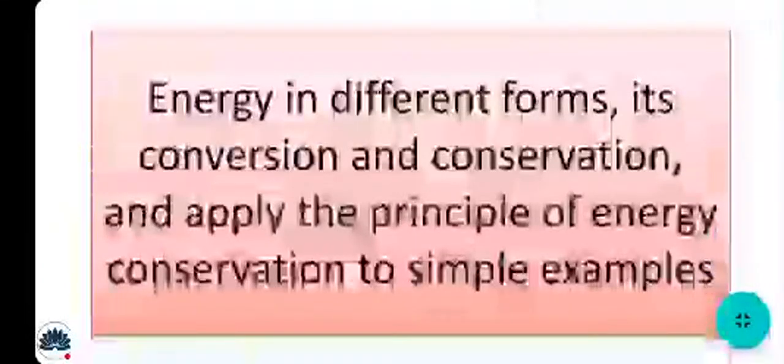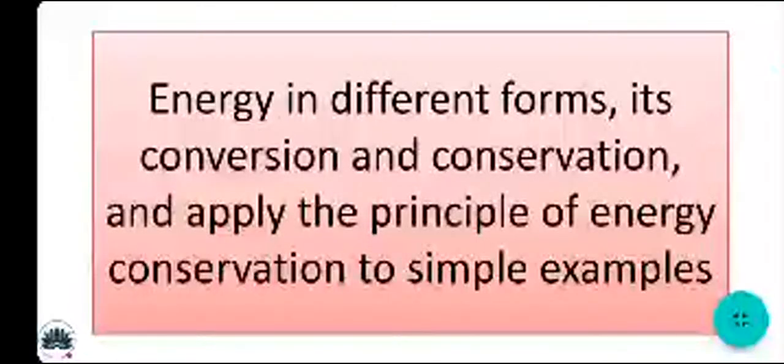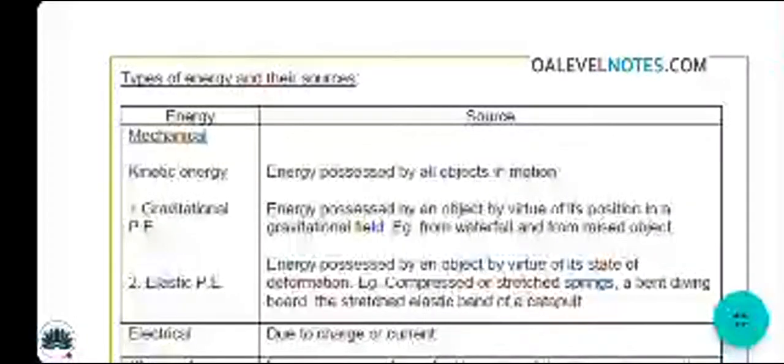Energy in different forms, its conversion and conservation, and applying the principle of energy conservation to simple examples. Types of energy and their sources: mechanical is not for your AS level.